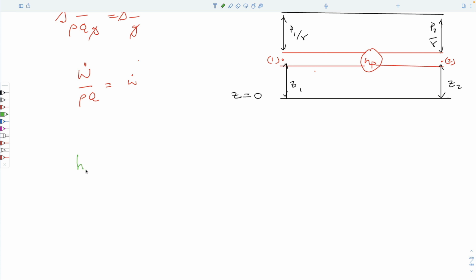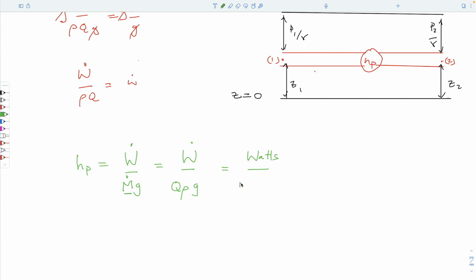So this is important. Head power into the system is given by watts, which is power, per mass rate times G, which is the same as power per volumetric flow rate times density, which is mass flow rate, times G. And to me, that's the easiest way to use it, which are in units of watts per watt.